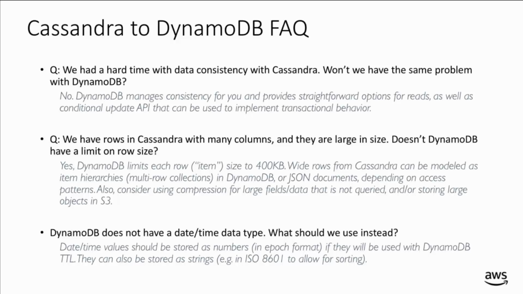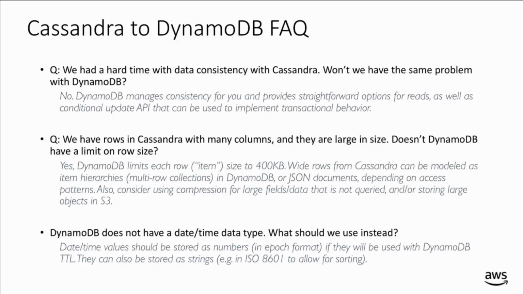Another question that we get quite a bit is about wide rows in Cassandra, and what about the size limit with DynamoDB? I mentioned that earlier. With DynamoDB, the item is limited to 400 kilobytes. And wide rows from Cassandra can be modeled as item hierarchies.